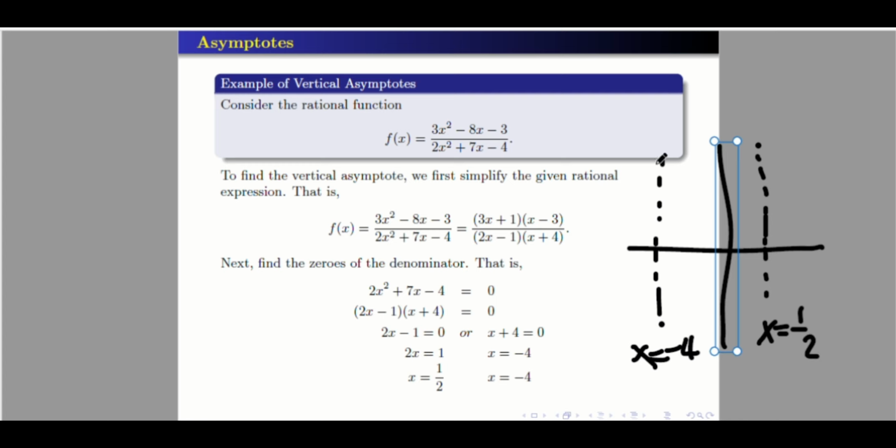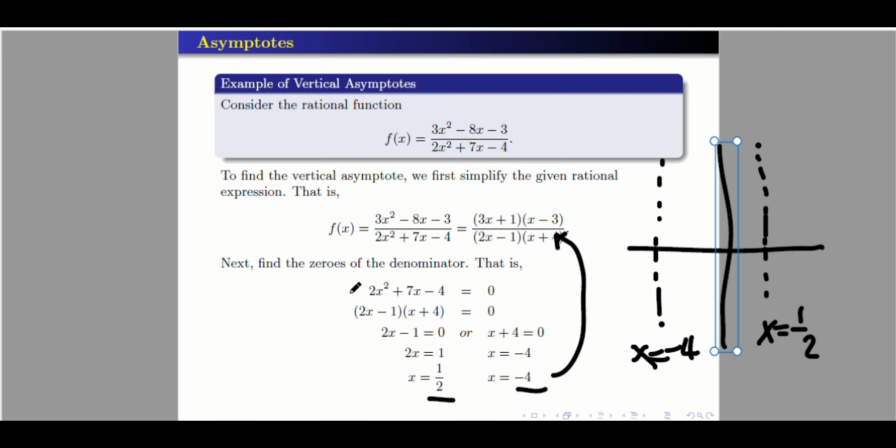Because the graph should not pass through this vertical asymptote, because the function will become undefined if we substitute these values into our denominator. So these values will make the function undefined. That is why when we graph this, it will be broken lines, and the graph will not cross the given vertical asymptote.